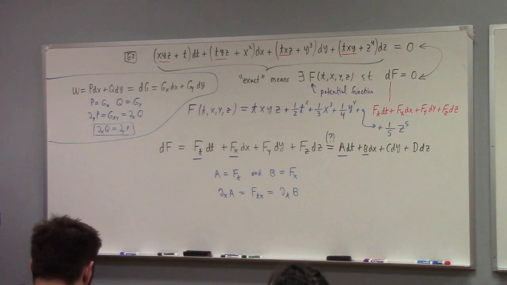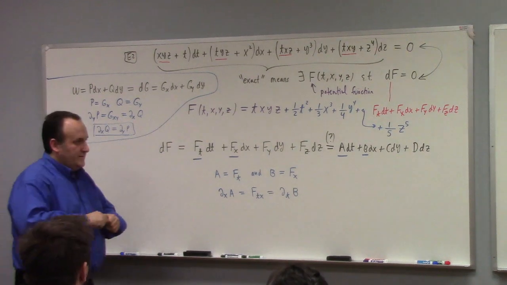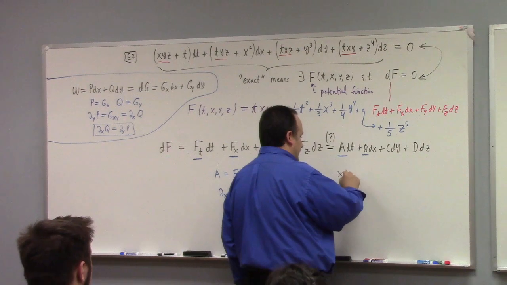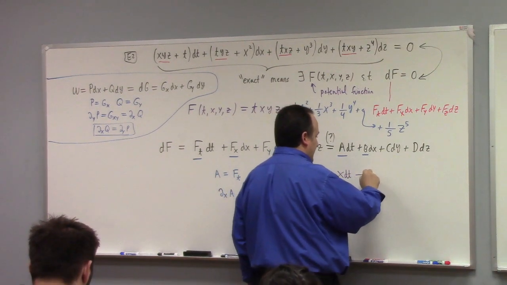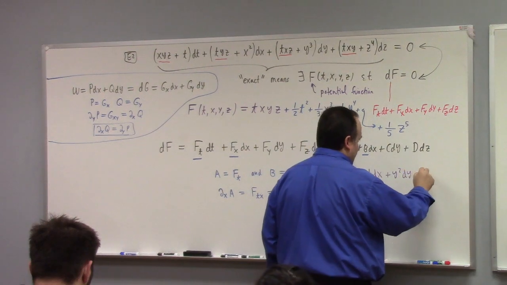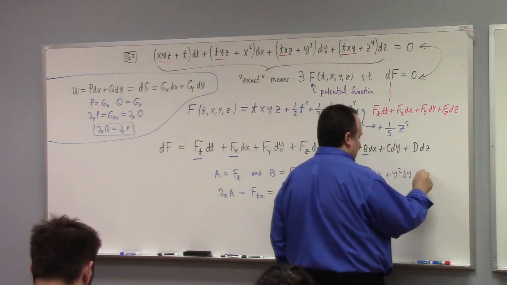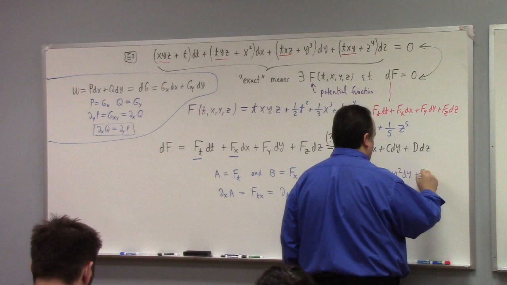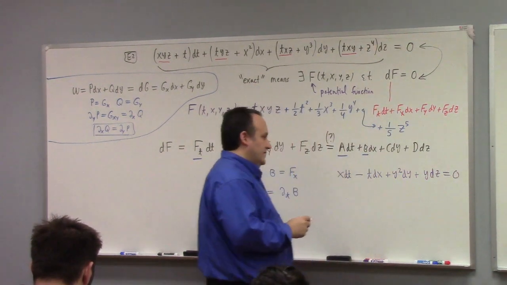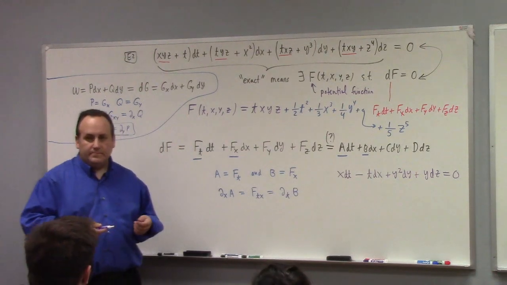So just to be more concrete, if I had something like x dt minus t dx plus y squared dy plus y dz, this would not be exact.